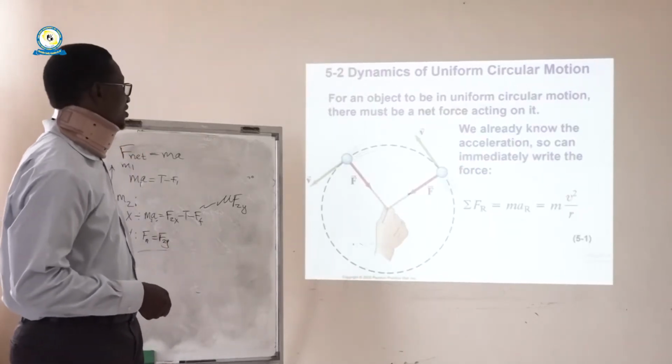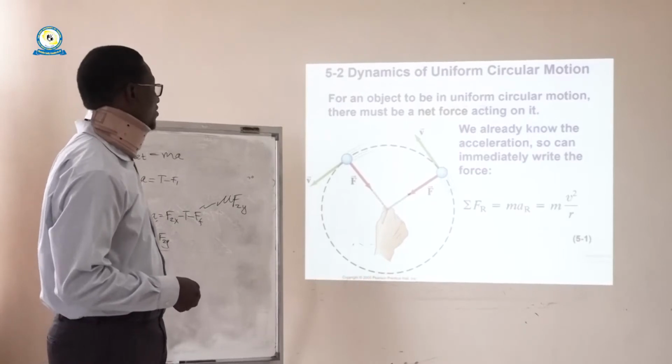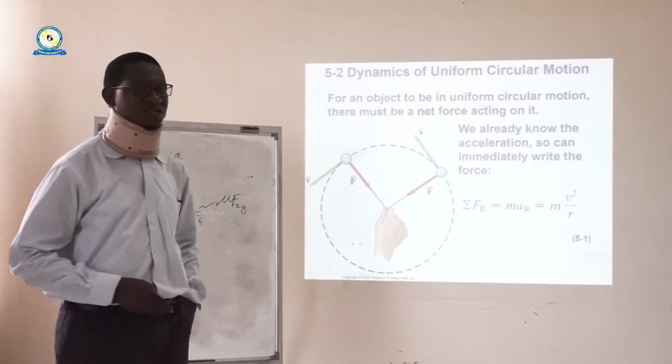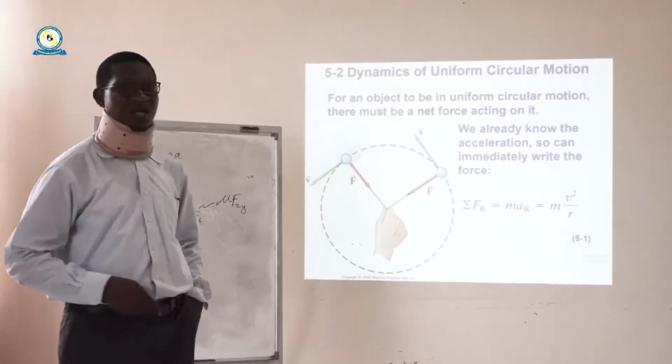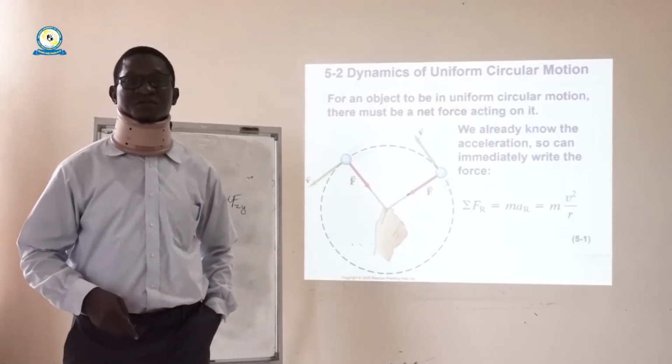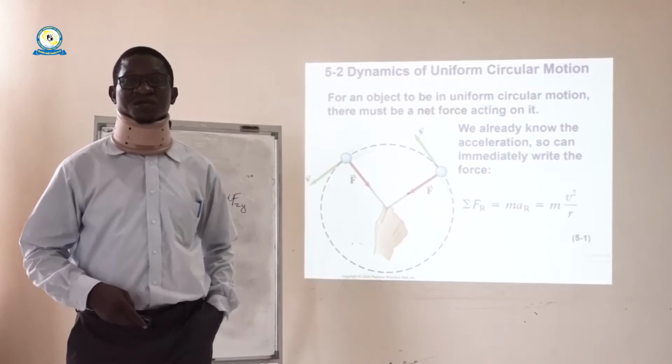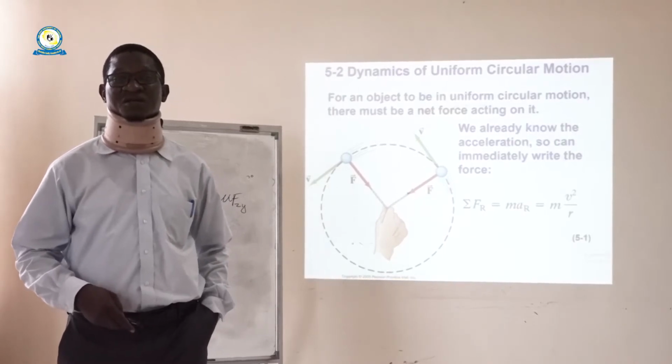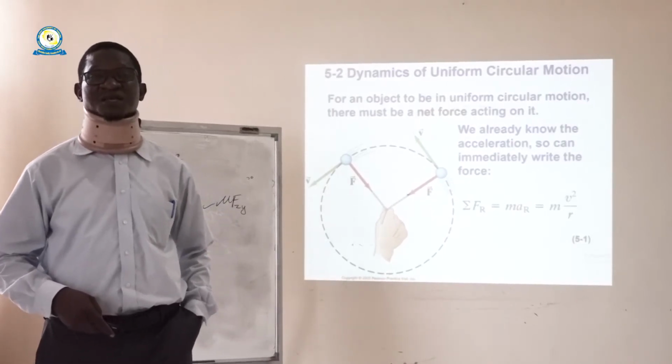For an object to be in uniform circular motion, there must be a net force acting on it. We already know the acceleration, so we can immediately write the force.